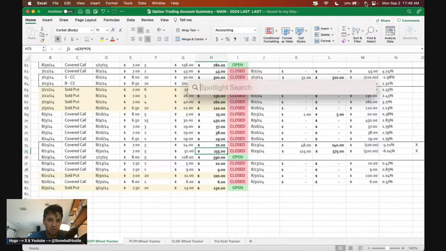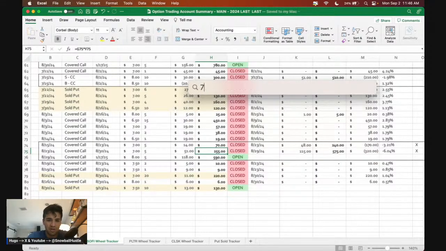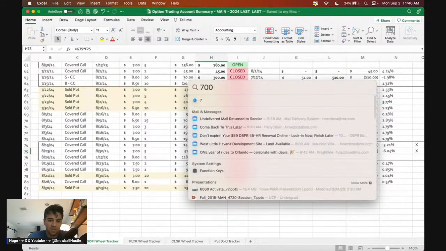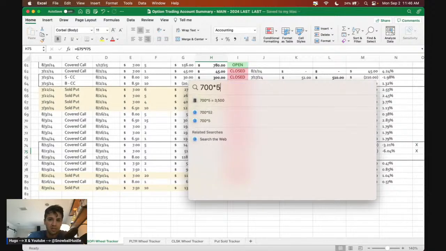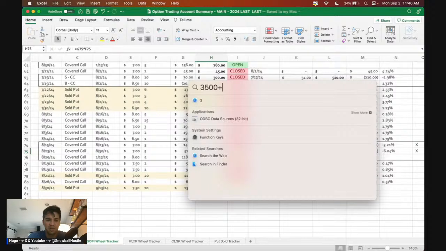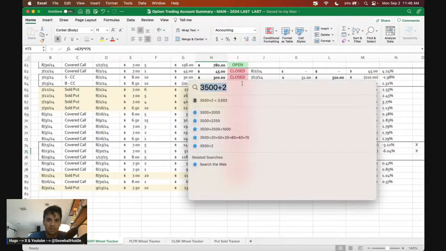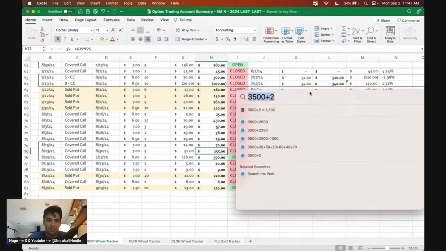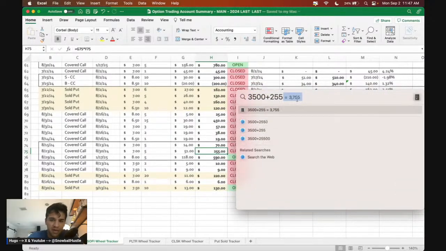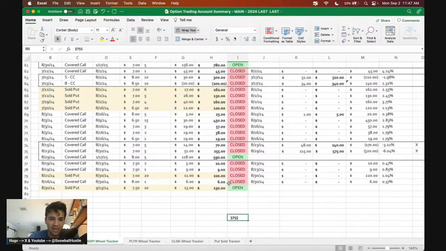So if I was to do that math, it's $7 strike price times 100, 5 contracts is 3,500. 3,500 plus the premium that we would have made, which is 255. So I would have made 3,755. That would have been my total profit had I let them get called away.